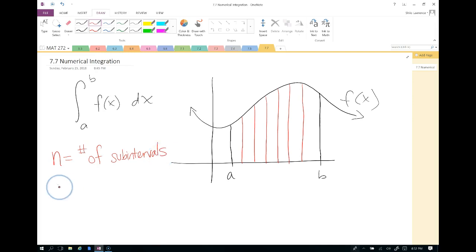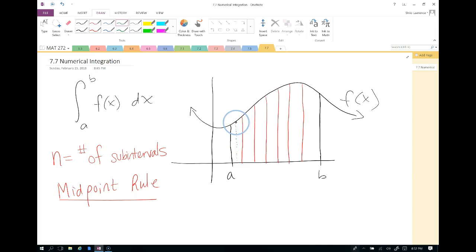So with the midpoint rule, what we're going to be doing is calculating the area of these rectangles. Well, right now they don't look like rectangles, right? Because the top of each of them is curved. So what the midpoint rule says is we're going to use the midpoint of each of these subintervals as our height.